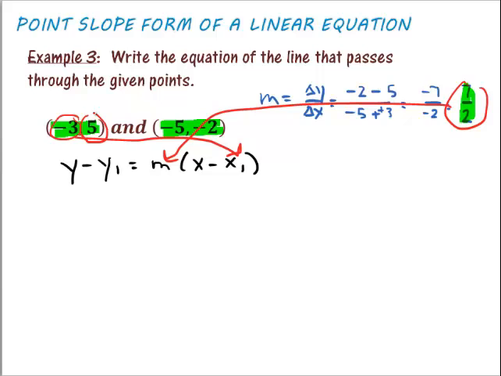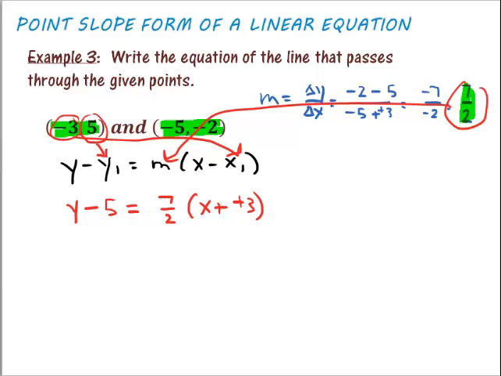I'm going to put 5 in for my y1. So my equation is going to look like this: y minus 5 equals 7 over 2 times x minus my x1, which is negative 3. So when I write that, I'll actually write this as plus 3. Okay? Alright? I hope that made sense to you.